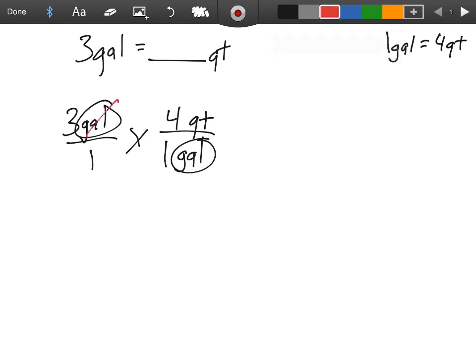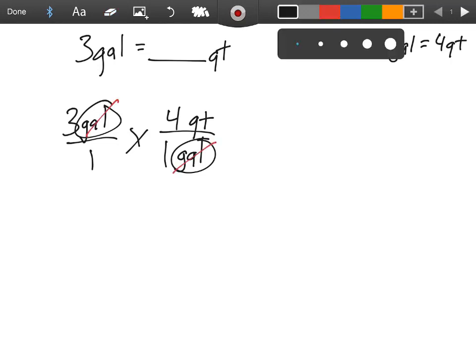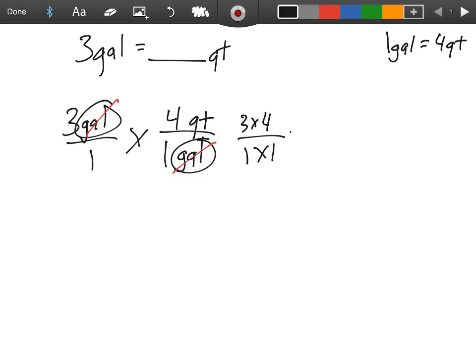And as always, the gallons cancel each other out, and we end up multiplying 3 times 4 on the top and 1 times 1 on the bottom, and we get 12 quarts as our answer. Fairly straightforward, right? Let's try another one.